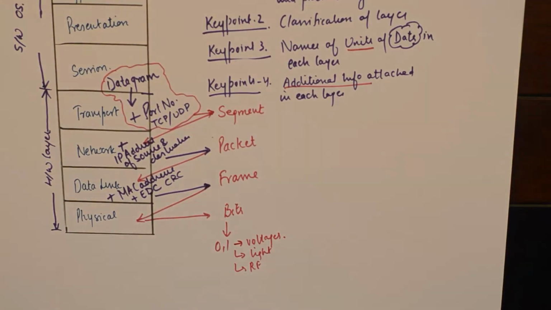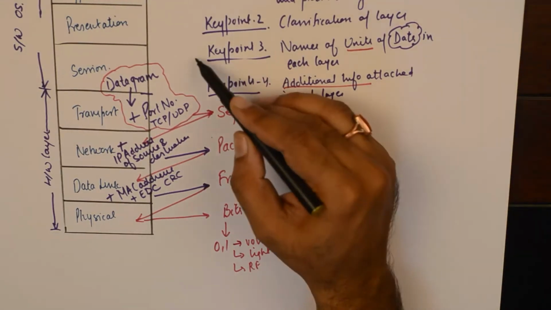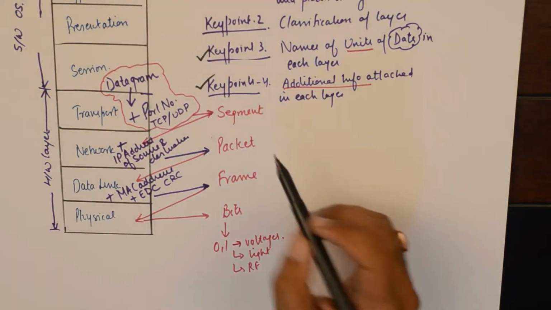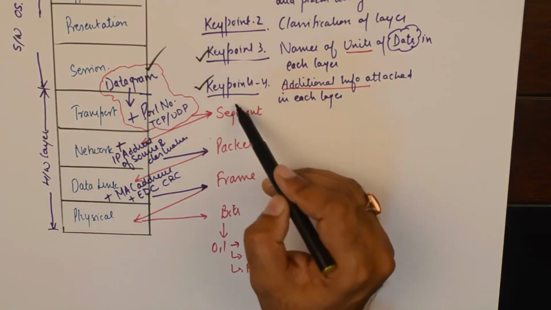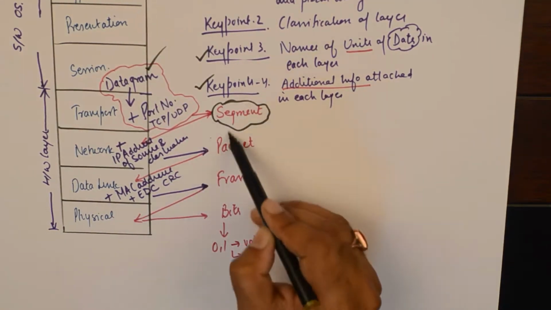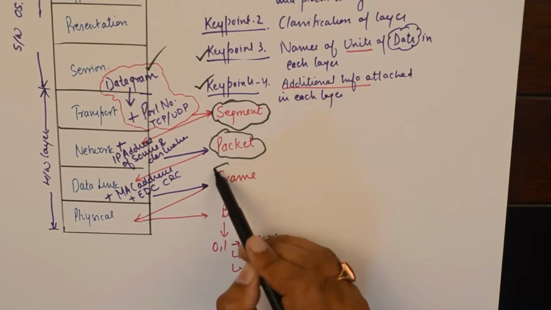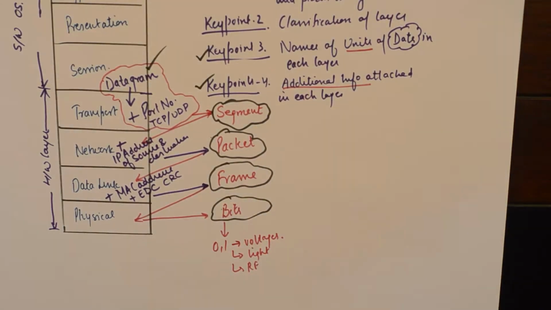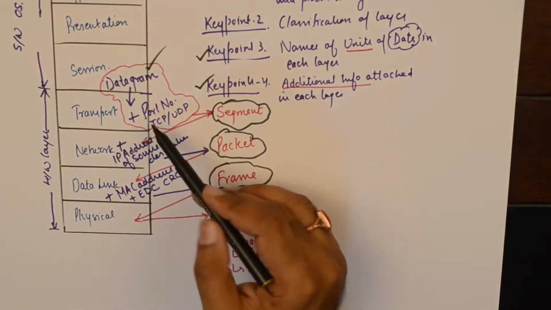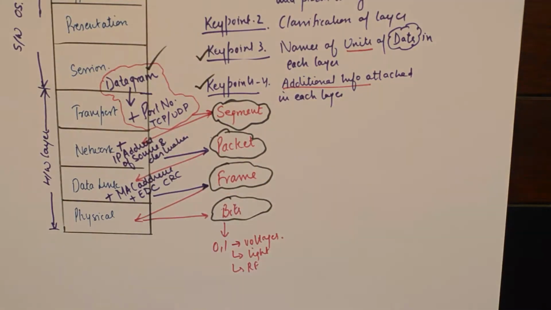So if you talk about key point number 4 and number 3, the names of the units are datagram, segment, packet, frame and bits, and the additional info attached is written over here.